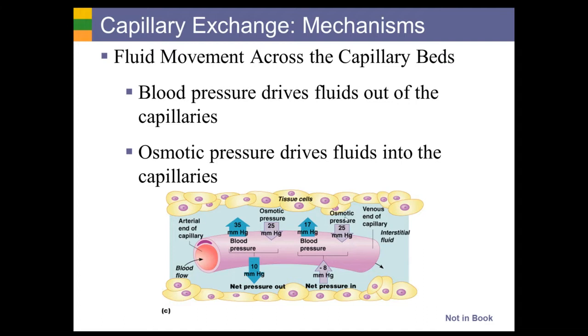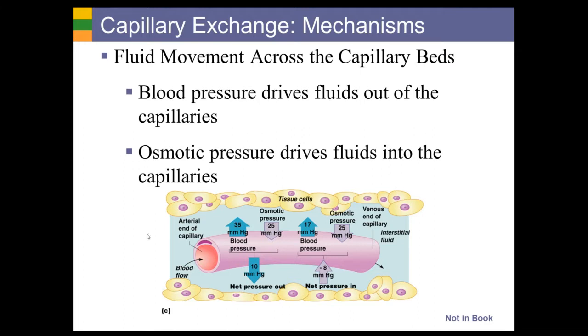So now osmotic pressure is greater on the venular side compared to blood pressure, which is lower on the venular side. So now there is net pressure in. So there's net movement of fluid in on the venular side. So there's net movement of fluid out on the arterial side and net movement of fluid in on the venular side.